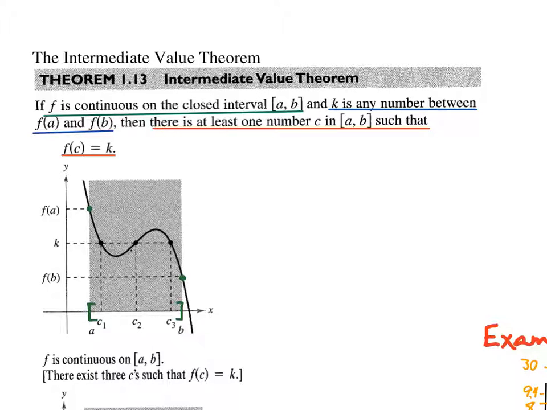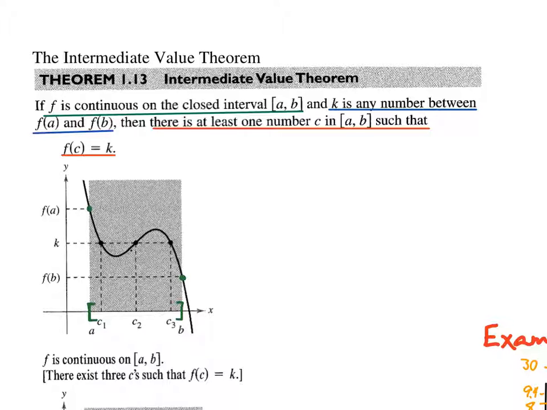And k is any number between f of a and f of b. So you have your two y coordinates for the left side and the right side. Are we including a and b? Yes, closed interval, so we are including a and b. So we pick some random number k between f of a and f of b.